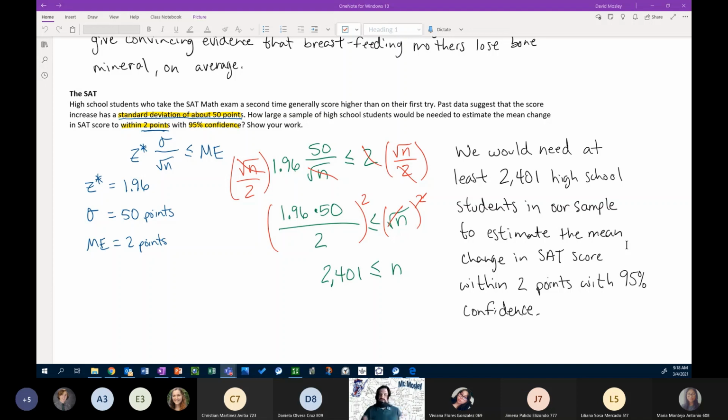Again, we do the math here, we get a solution, and then we write a sentence to summarize it, tie it all together. Is there any questions about either of these two examples?